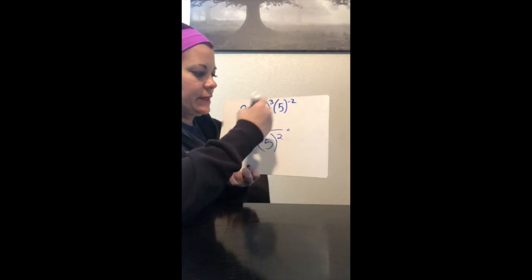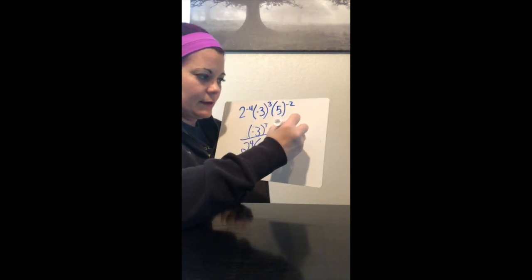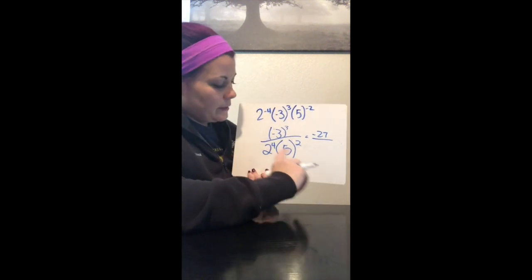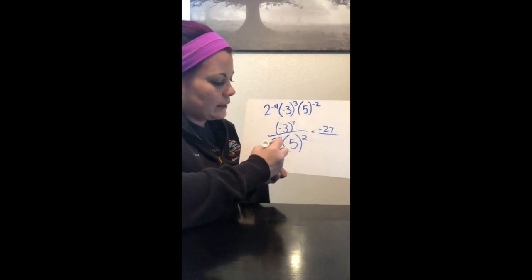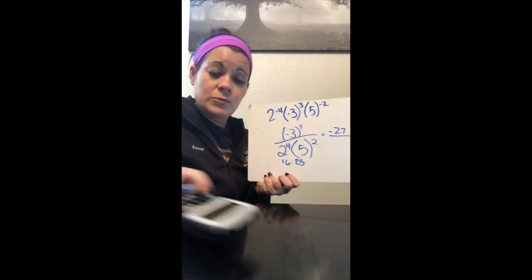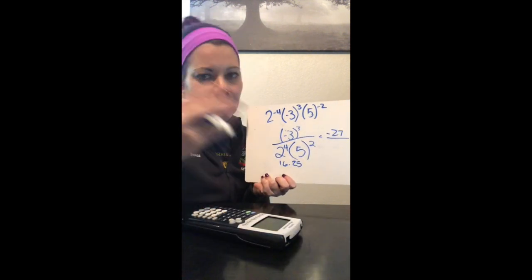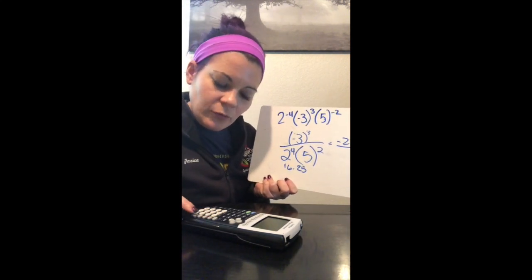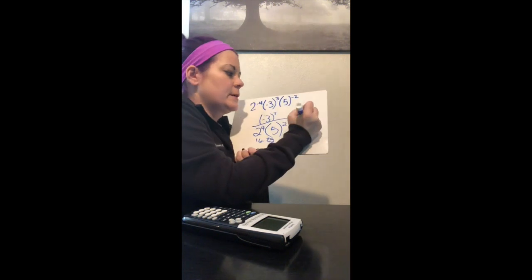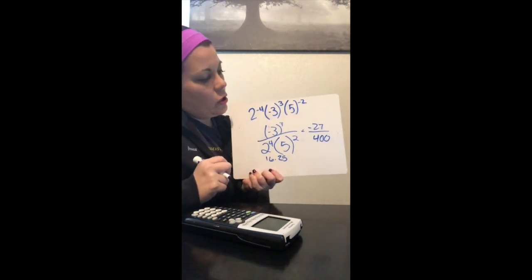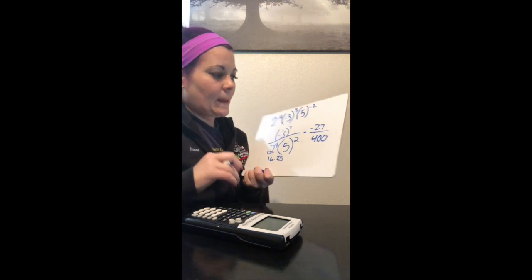Now we just got to do it. Negative 3 to the 3rd is a negative 27 because that's negative 3 times negative 3 times negative 3. And then 2 to the 4th is 16. And then 5 squared is 25. I'm just going to plug it into my calculator. 16 times 25 is 400. So my final answer is negative 27 over 400.